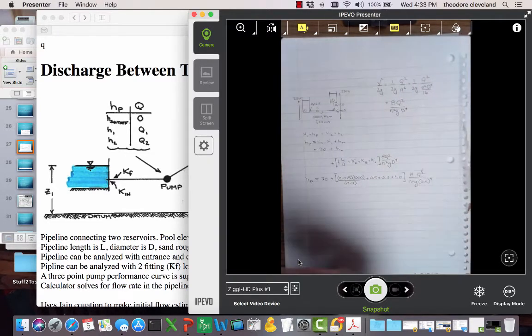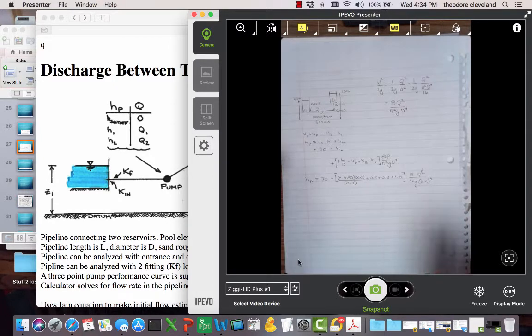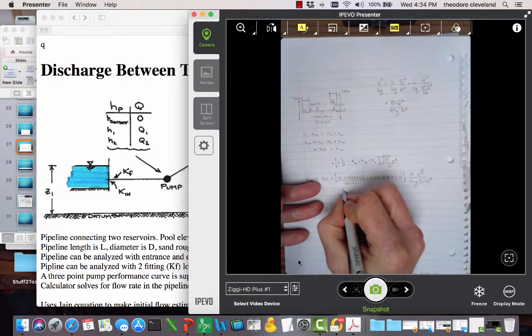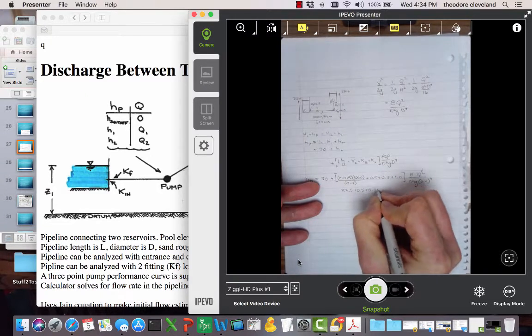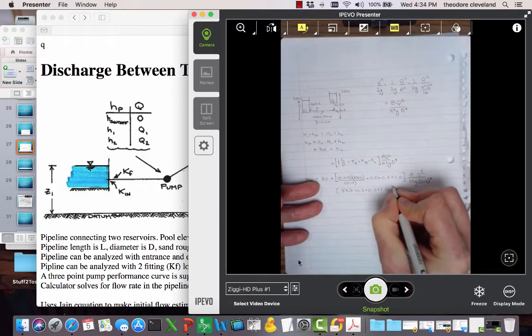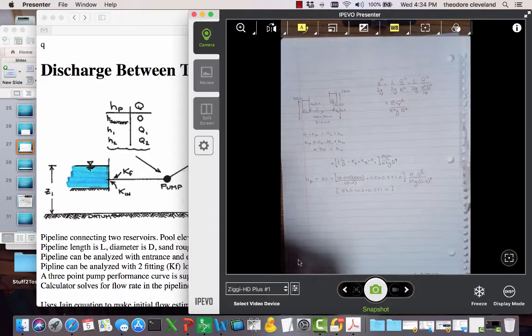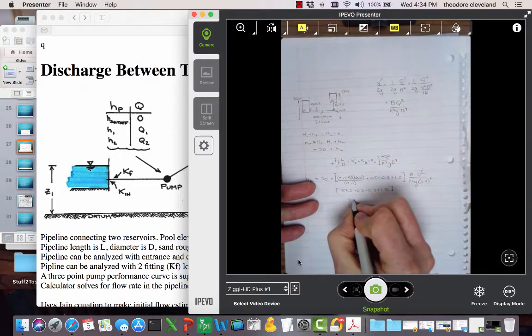Let's go ahead and evaluate the contents of the square brackets. 0.015 times 1,000 divided by 0.4, so this is 37.5 plus 0.5 plus 0.3 plus 1.0 equals 39.3.